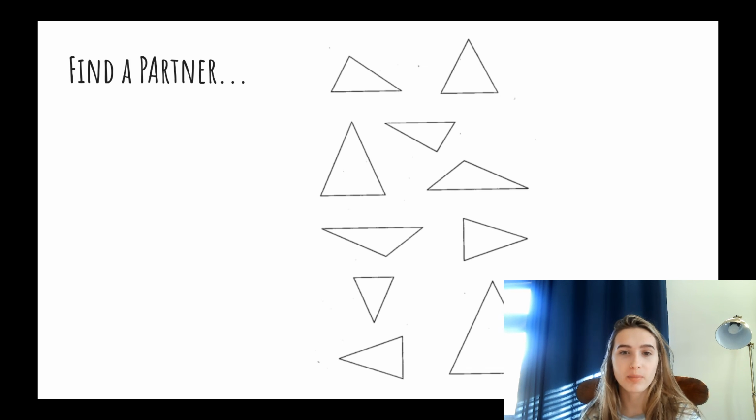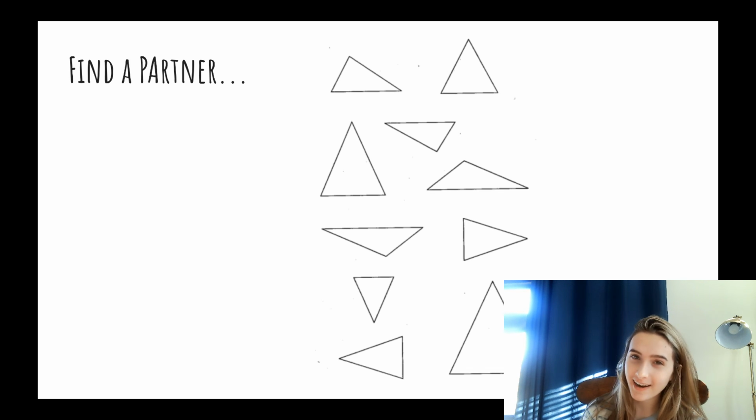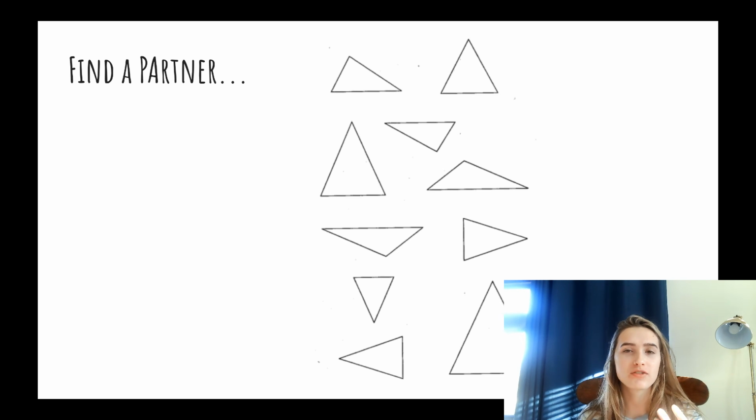So if you guys want to get in partners, I'm letting you guys choose today. So have fun with that. And then we're going to be doing this for about 15 to 20 minutes. If you guys have any questions, I'll be walking around. And then after this, we'll be moving on to the next activity.